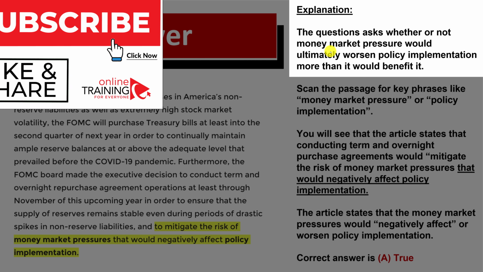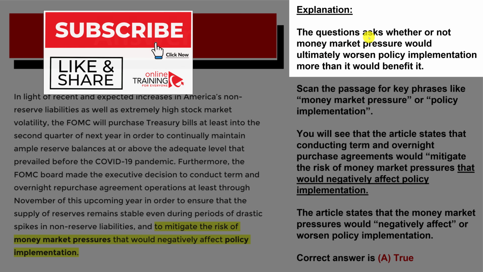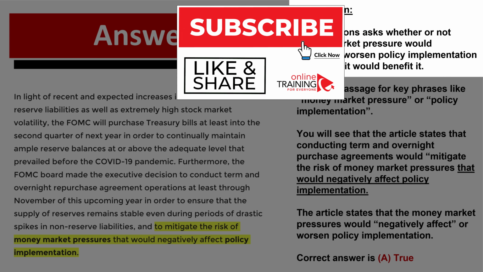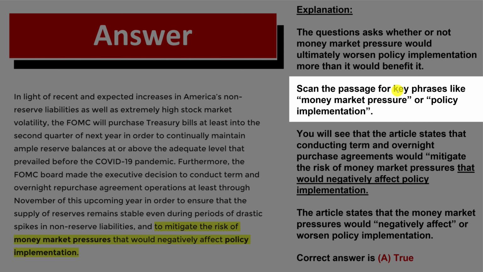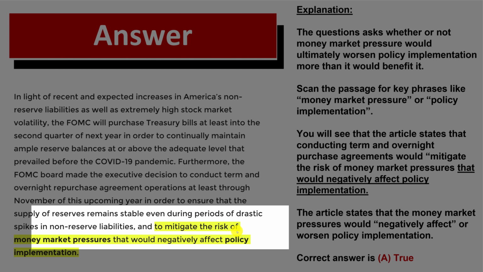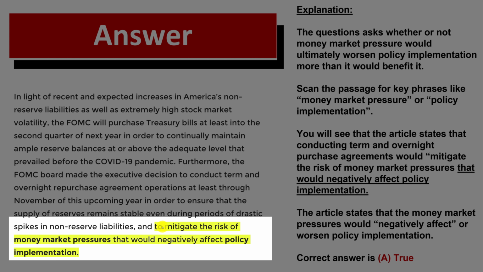So here's the explanation. The question asks whether or not money market pressure would ultimately worsen the policy implementation more than it would benefit it. So you need to scan the passage for key phrases like money market pressure or policy implementation. And they're located at the bottom of the passage, highlighted with light green color.